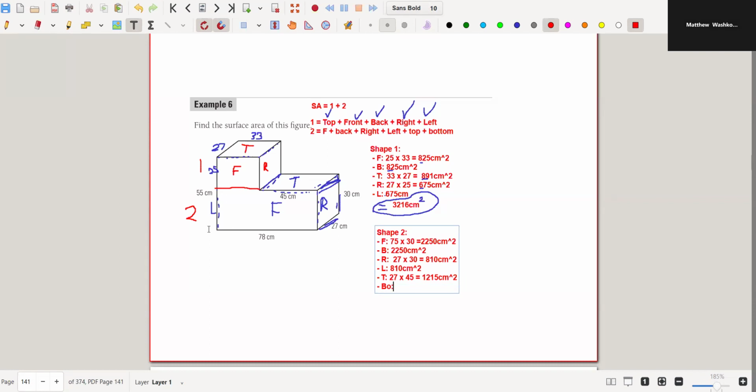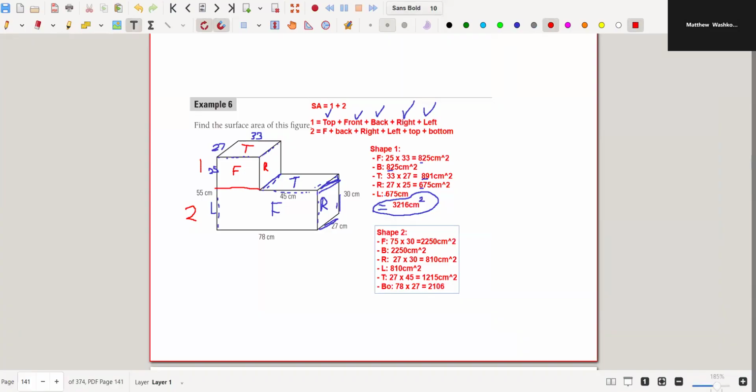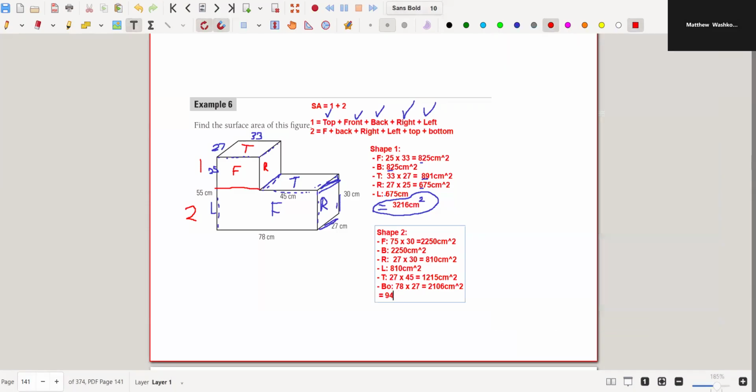The bottom here is 78 times 27, which equals 2,106 centimeters squared. Which means shape 2 is equal to 2,250 plus 2,250 plus 810 plus 810 plus 1,215 plus 2,106, which is 9,441.